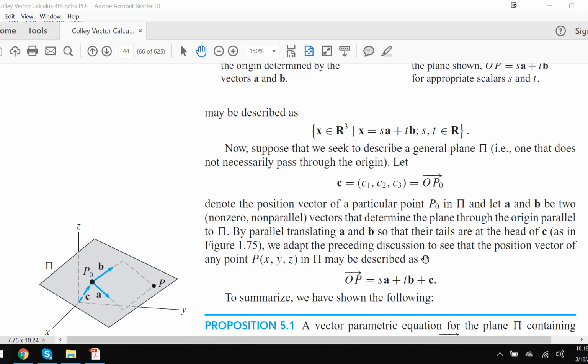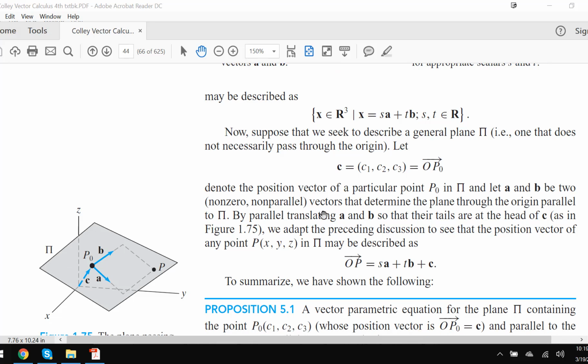We can adapt the preceding discussion to see that the position vector of any point P in this plane can be described as OP equals SA plus TB plus C. So we just sort of move everything up like that.